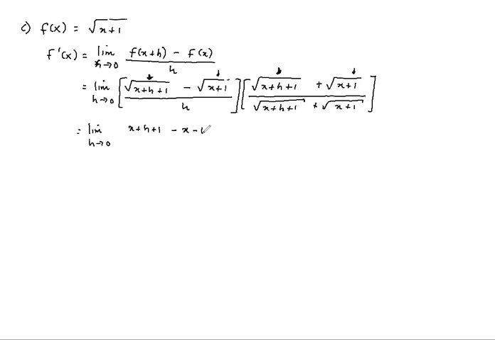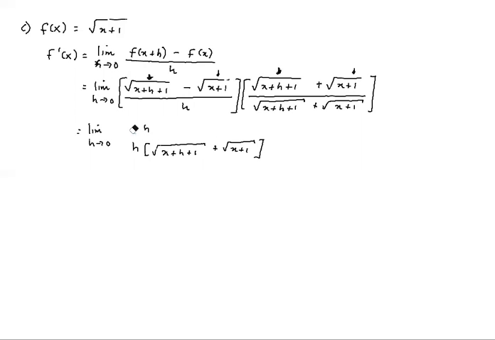When you expand, you get minus 1 over h. Then the other part is fixed: the square root of x plus h plus 1 plus the square root of x plus 1. And then that goes, 1 goes. So we remain with only h in the numerator there.